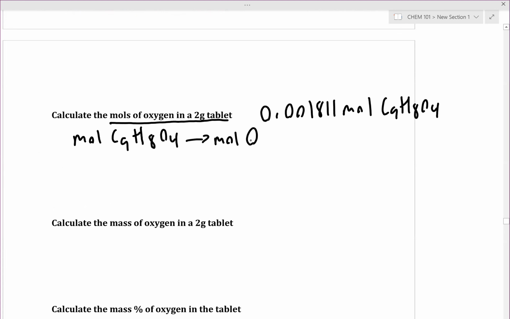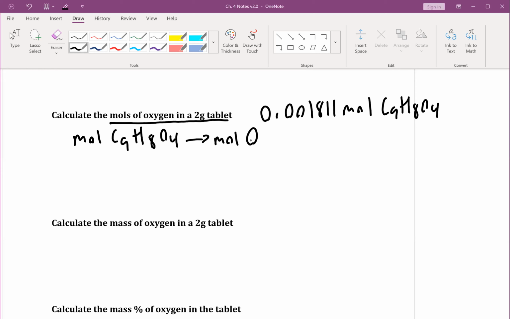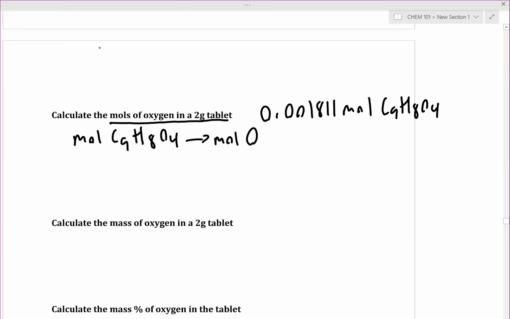How do we do that? How do we go from moles of a compound to moles of an element? What ratio do we use? Formula ratio, exactly right, or otherwise known as the mole ratio. So we're going to need our formula ratio.